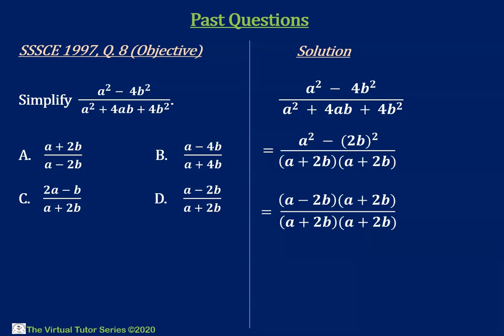Let's now get rid of the common factors. So (a + 2b) gets rid of (a + 2b), leaving (a - 2b)/(a + 2b). Hence, the correct answer is option D.